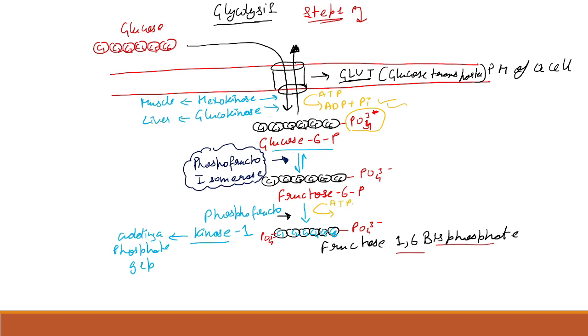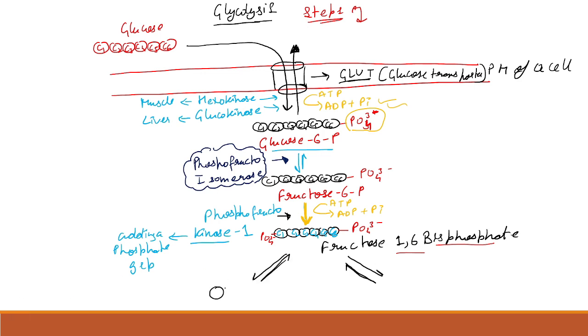So ATP is converted into ADP plus phosphate. So these were the steps till now. I think this is clear to you all. As we can see, this step is only one directional. There is no going back from there.